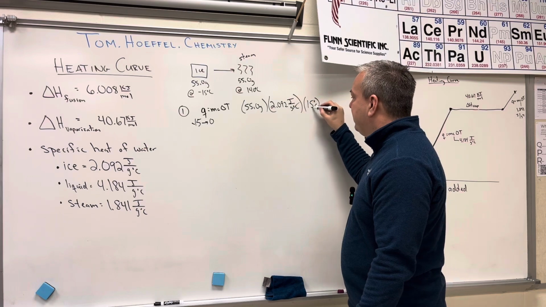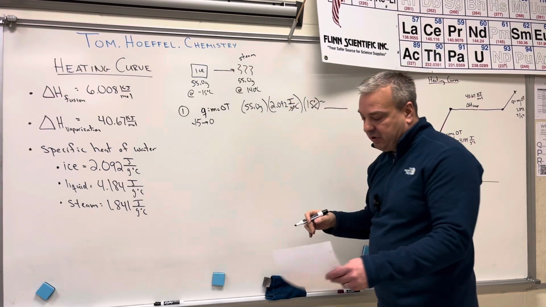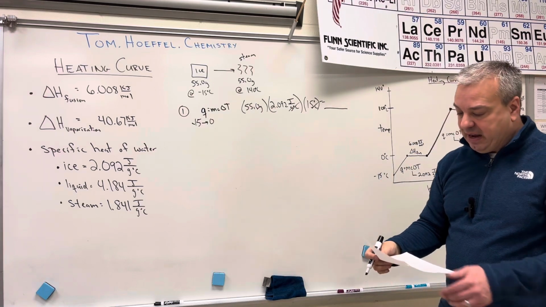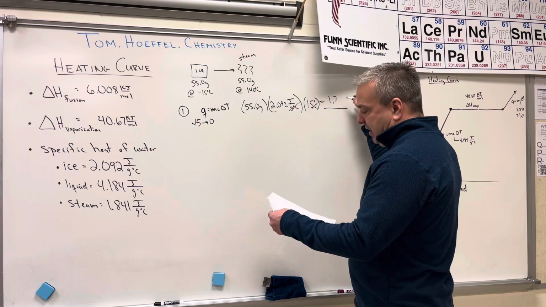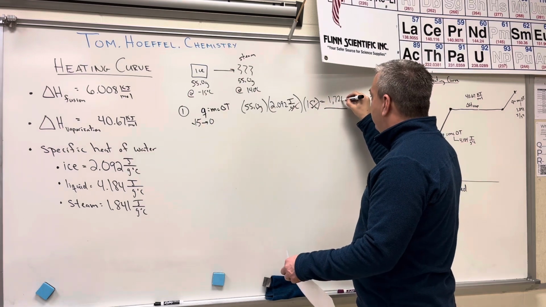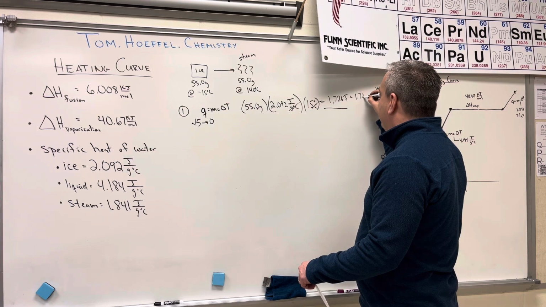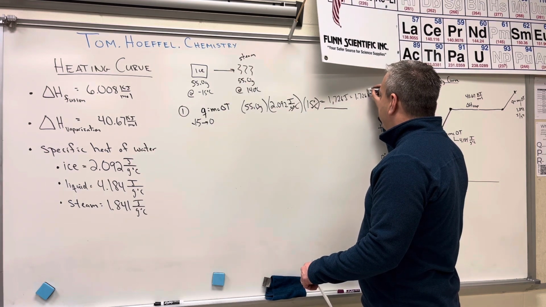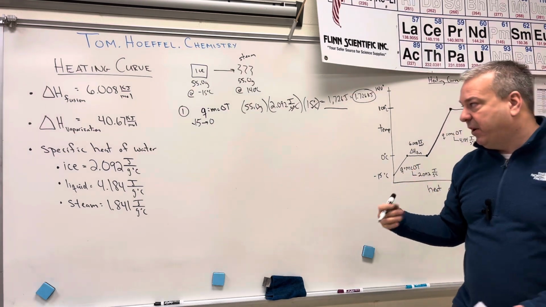So the degrees Celsius cancels out, the grams cancel out, and I'm going to be left with a certain amount of joules. And this comes out to 1,726 joules, which is equal to 1.726 kilojoules. I'm going to tell you why we got to kilojoules after we do the second part.